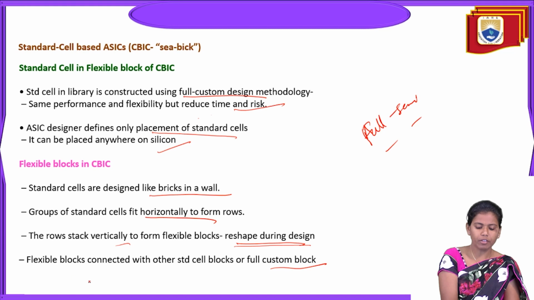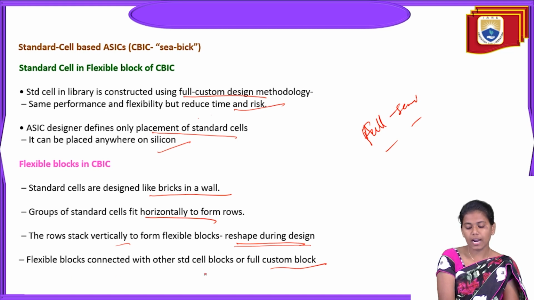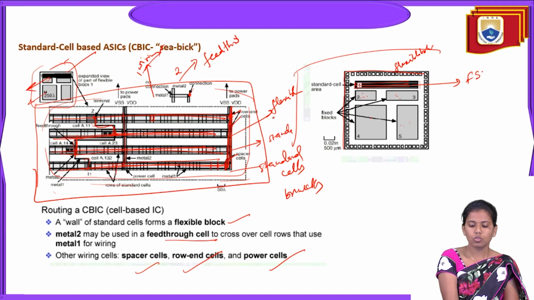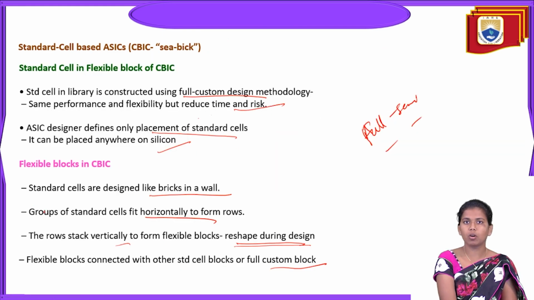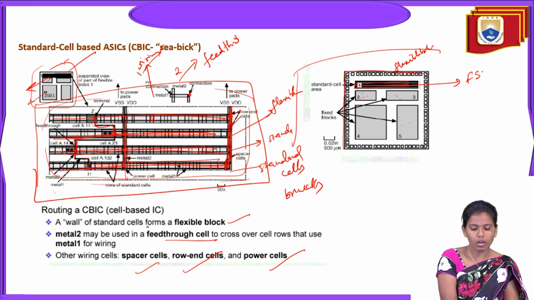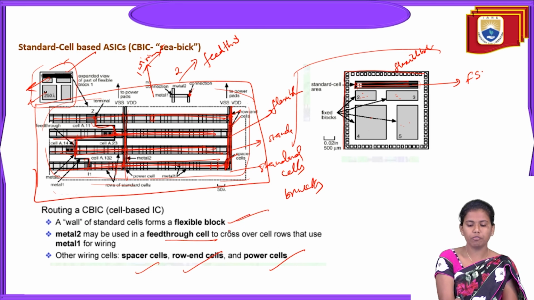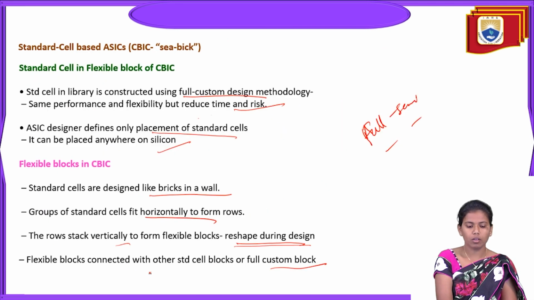So the flexible blocks are connected to other standard cells or full custom blocks. So this is about a flexible block in CBIC. Flexible blocks act as a wall in the chip. A wall of standard cells forms a flexible block.